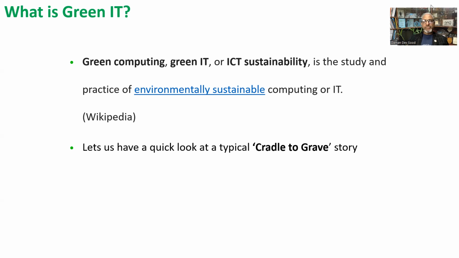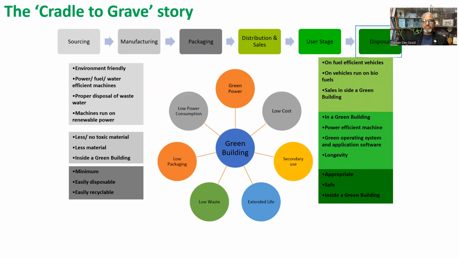We need to think of this cradle to grave. So quick look at this concept, cradle to grave. Some material needs to be mined to make this laptop. So that mining, that sourcing needs to be green to the extent possible. Manufacturing needs to be green to the extent possible. Then once the laptop is ready, it needs to be packed and shipped, so that packing needs to be green.